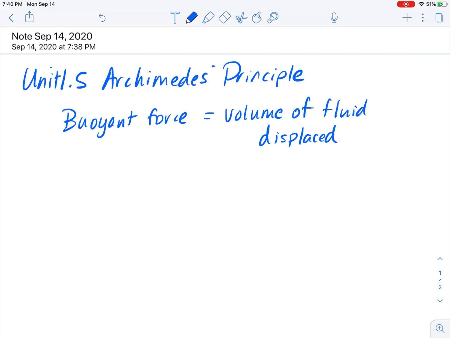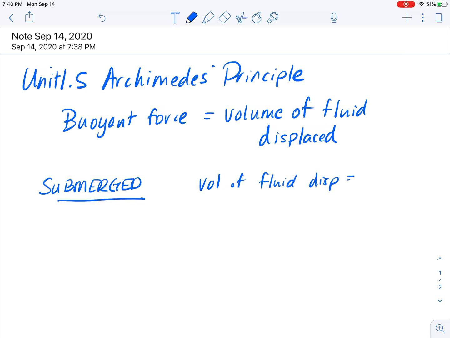Now, if the object is completely submerged, then the volume of the fluid displaced is the same as the volume of the object, because the object is completely underwater.